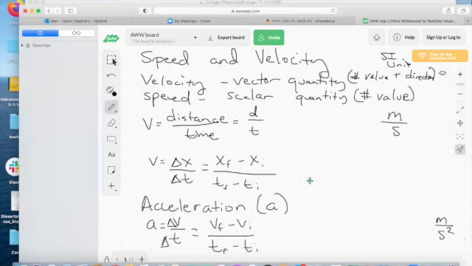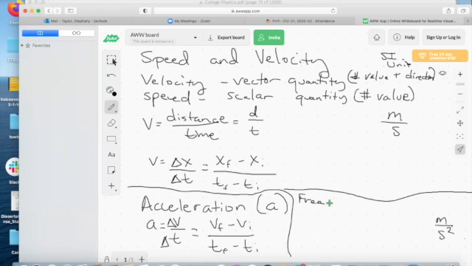Okay, so free fall is another word for gravity. Let me block off acceleration so I can fit these on the same page. Free fall is another word for gravity. Gravity is denoted by lowercase g, and it's equal to 9.8 meters per second squared.